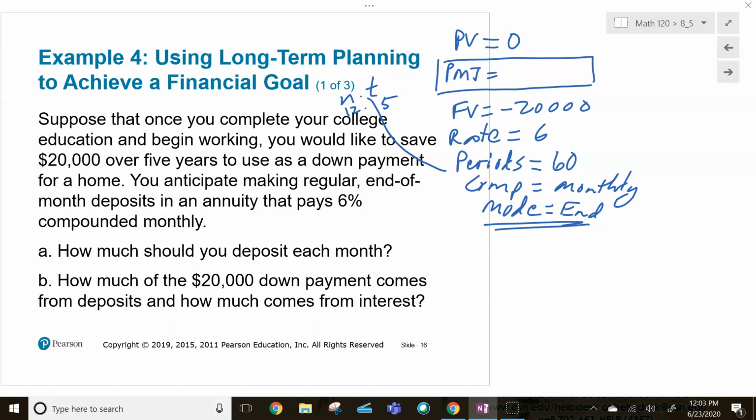But anytime you're using a financial calculator in everyday situations with loans, mortgages, auto loans, whatever it is, annuities, you're going to be using the end mode unless it specifically says otherwise. There might be one or two questions where they'll say the mode would be the beginning of the month. Okay, so let's put that in and see what our payment's got to be.